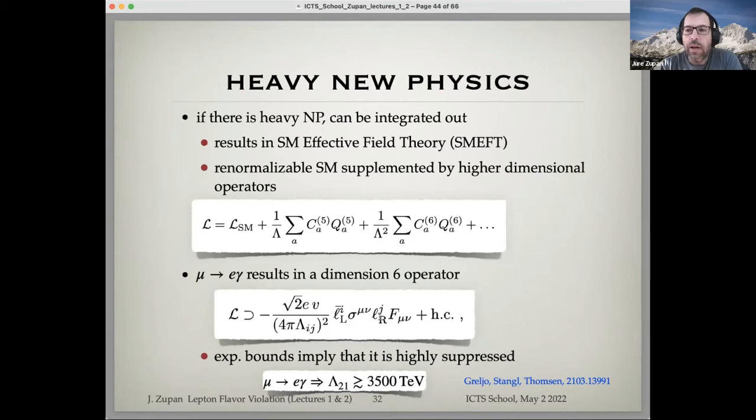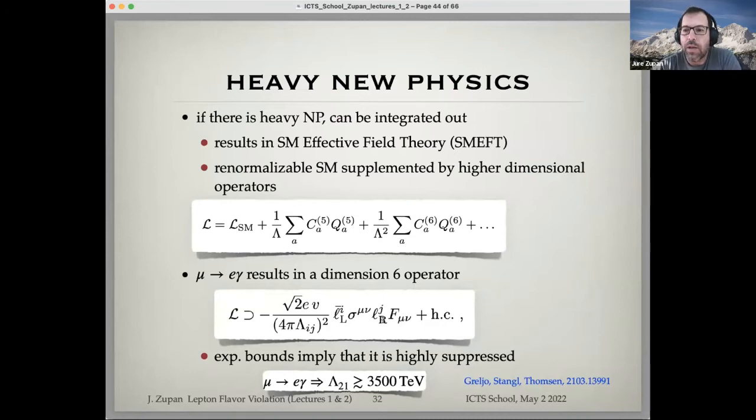It has a chirality flipping, so it takes a right-handed lepton and converts it to a left-handed lepton, and that's the photon, so the electromagnetic field strength with the sigma mu nu structure. It cannot be dimension 4 because we said that in the standard model, couplings to photons are all flavour diagonal.